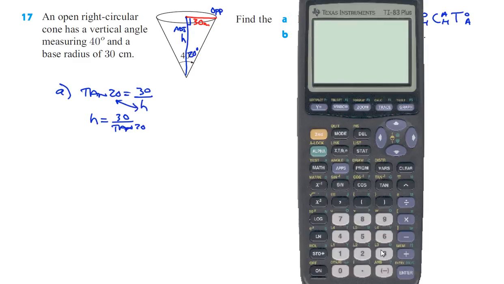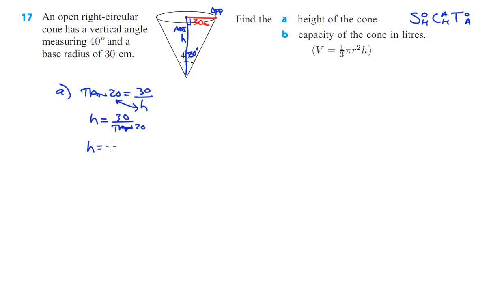So 30 divided by tangent of 20 gives us 82.4, and that's centimeters. So there's our height: 82.4 centimeters is the height.